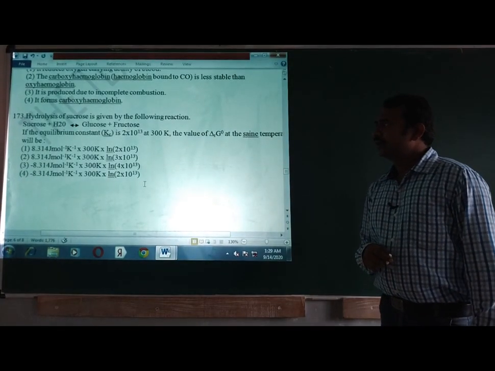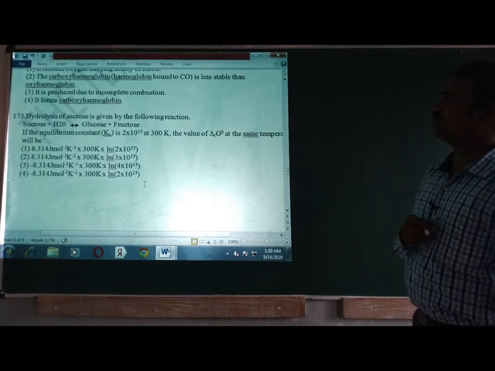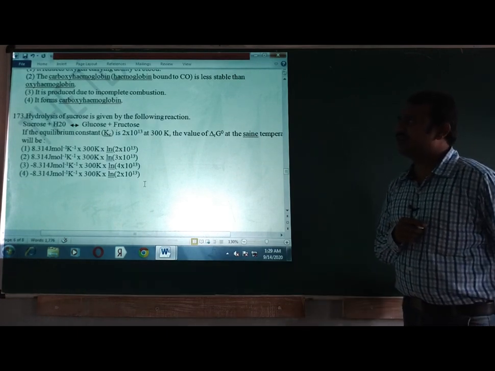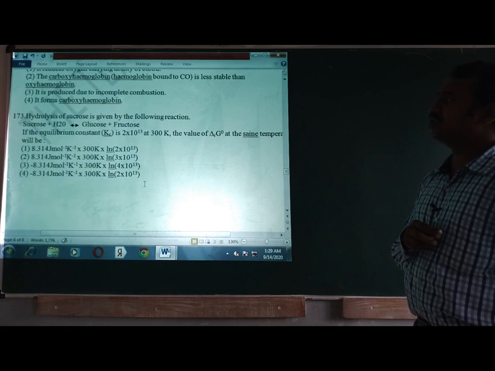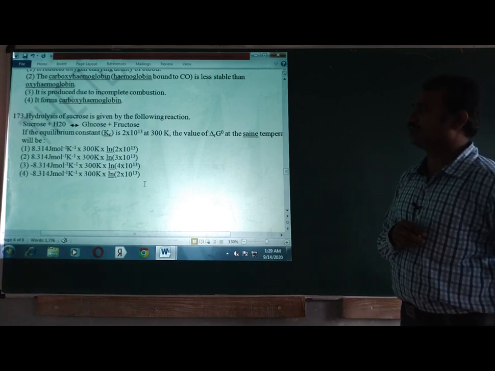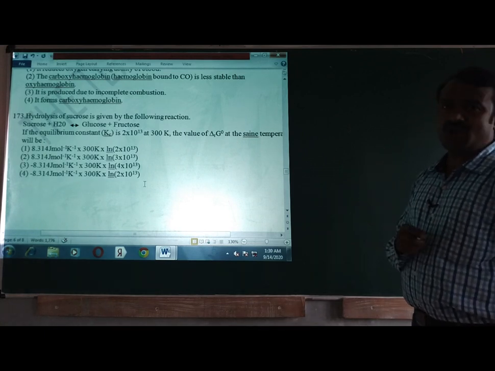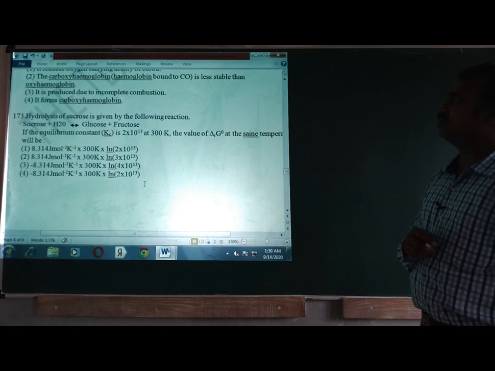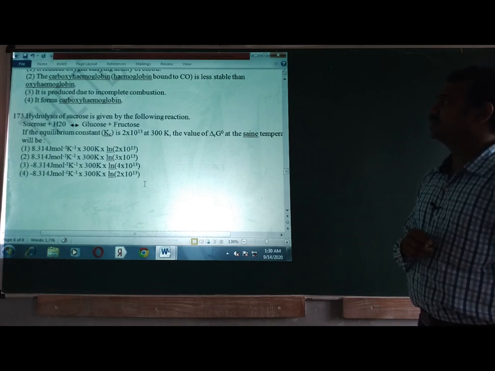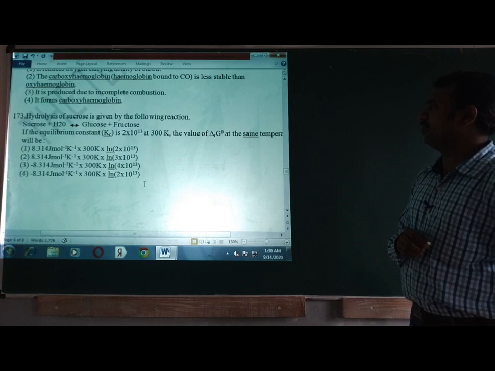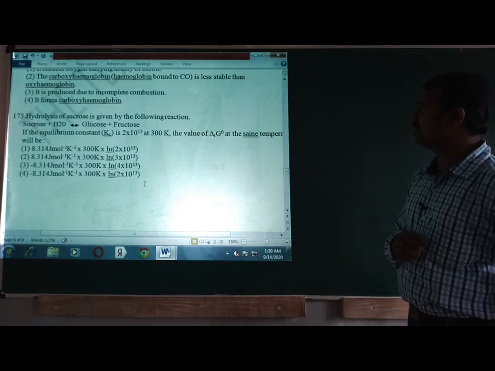Next question. Hydrolysis of sucrose is given by the following reaction. The sucrose undergoes hydrolysis and gives glucose and fructose. The equilibrium constant Kc equals 2 into 10 to the power of 30 at 300 Kelvin. Find the value of the Gibbs free energy.